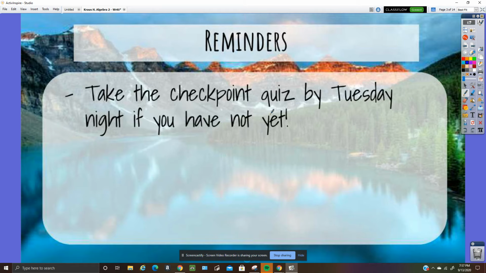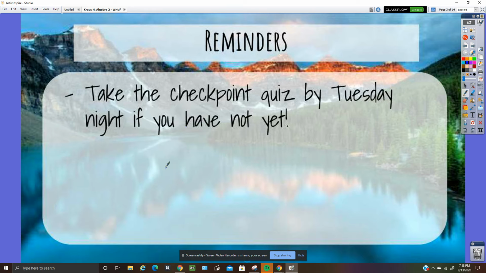All right, so reminders are to take the checkpoint quiz by Tuesday night if you have not done so yet, and also do the assignment.